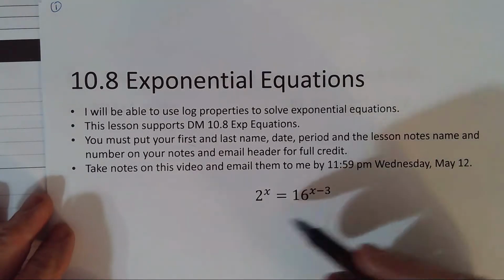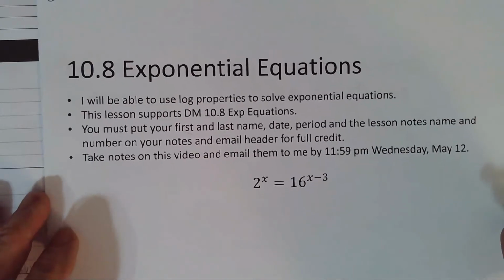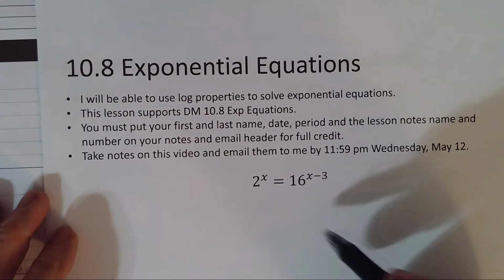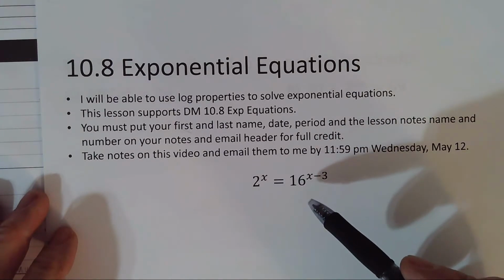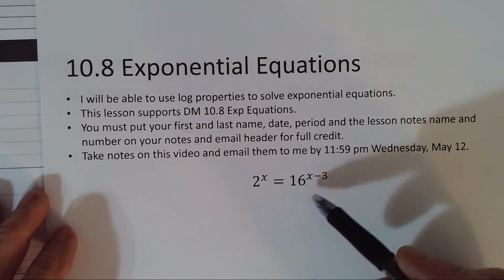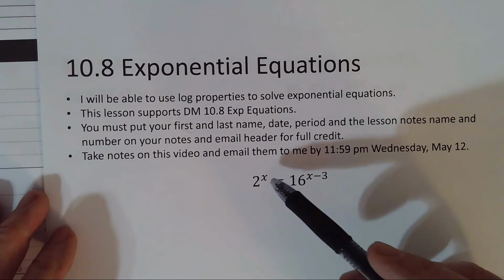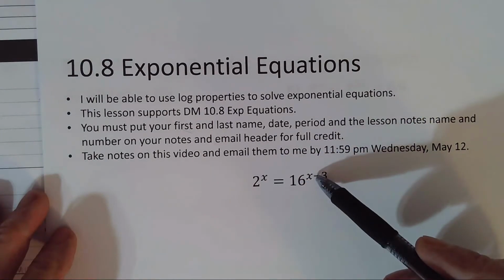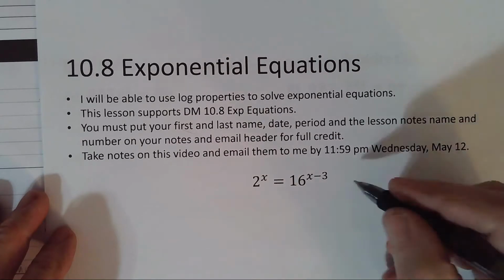This is a typical exponential equation that you see here. And all of you know that if you can get the bases the same on each side of the equation, then what you can do is throw away the bases and solve the equation using the exponents only. So that's from the one-to-one.